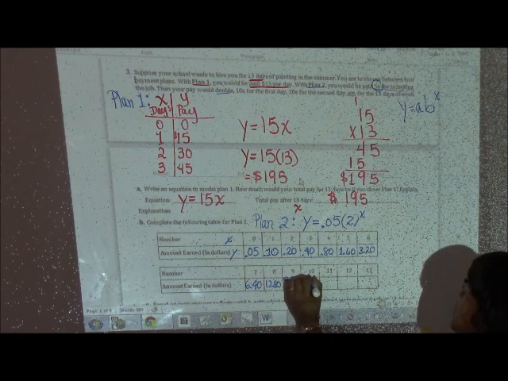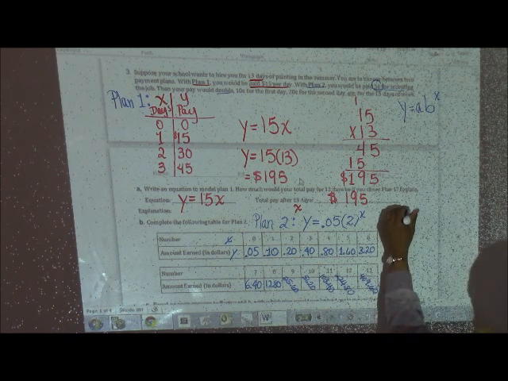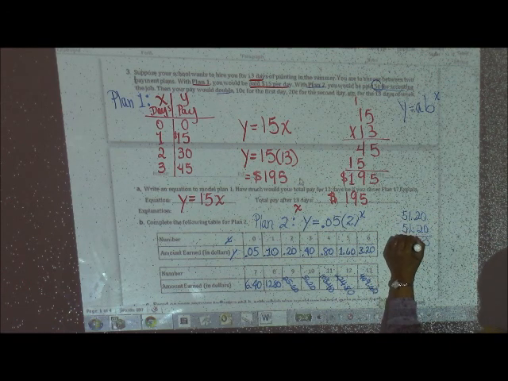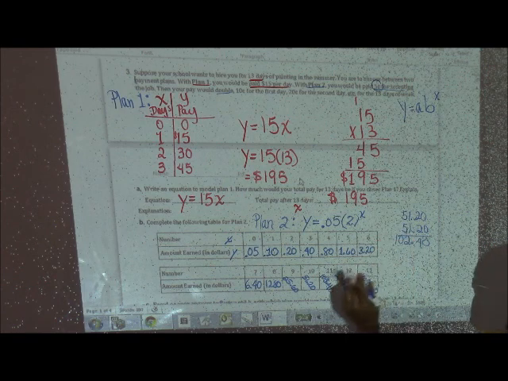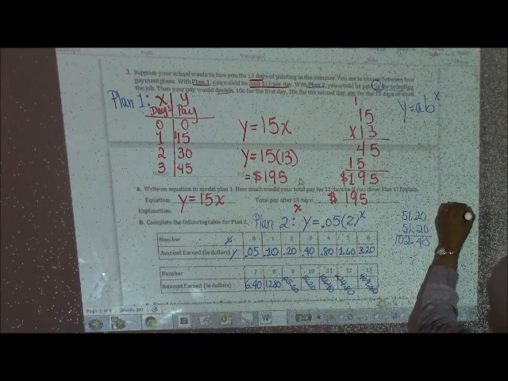Day 10 is $51.20. Day 11 is, let me double check this, the $51.20 plus the $51.20, because it was kind of hard to see on my paper. That's 102.40.